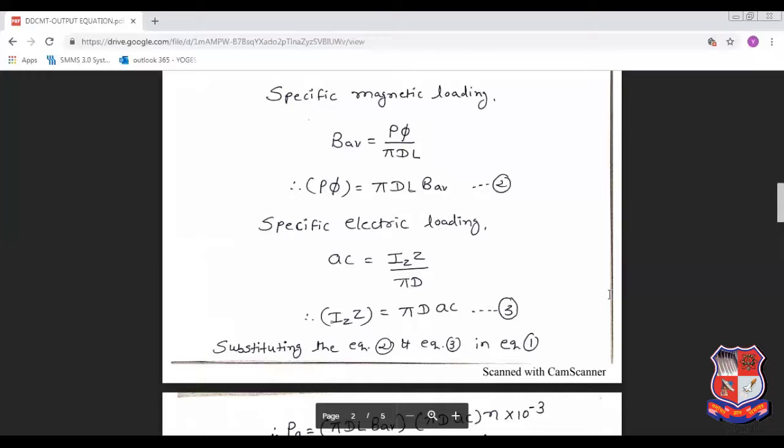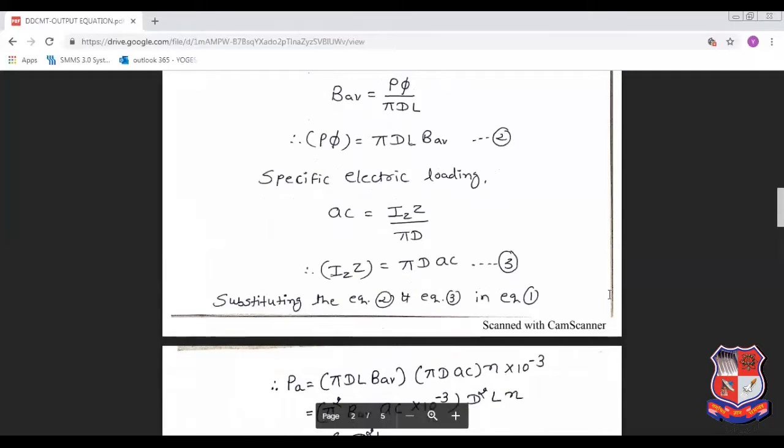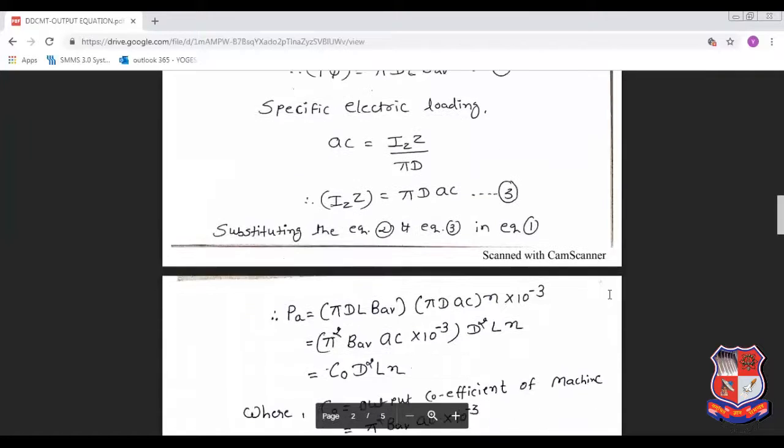Give this equation number 2. Now, ac is equal to I_z Z by pi D. Therefore, I_z Z, the total electric loading, is equal to pi multiplied by D multiplied by the specific electric loading ac. Give this equation number 3.